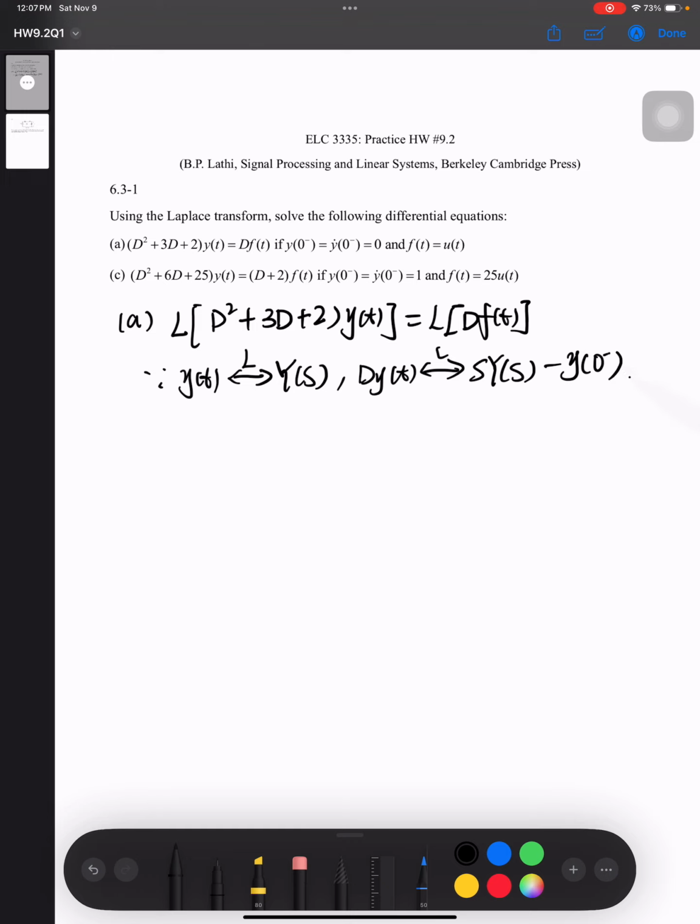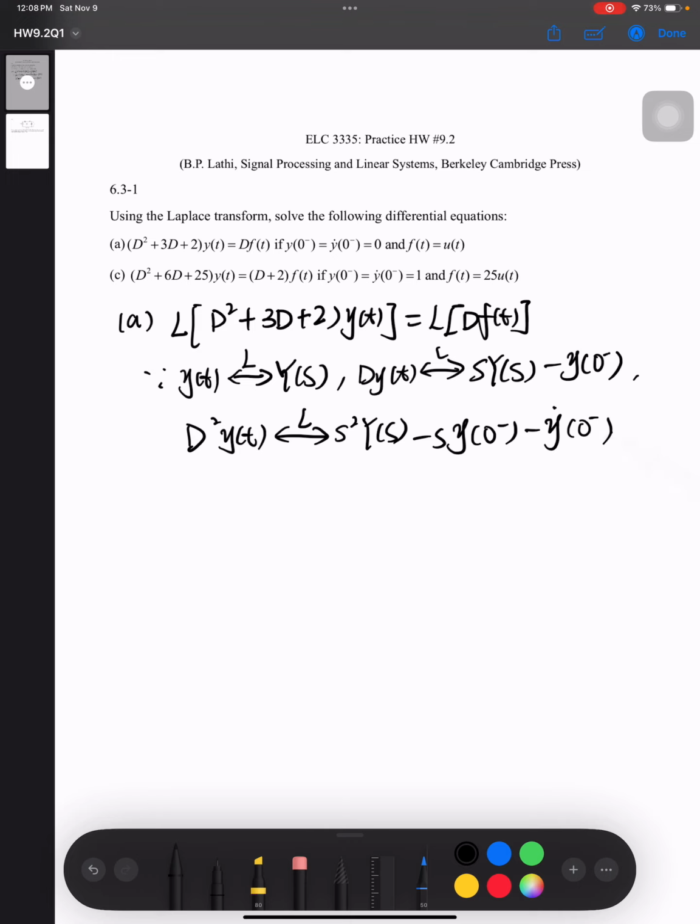And for the second derivative of y(t), its Laplace transform is s squared Y(s) minus s y(0-) minus the derivative of y at 0.